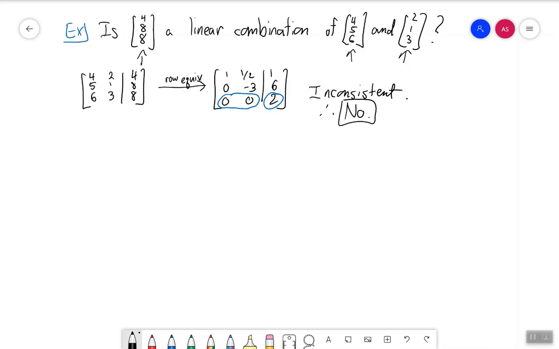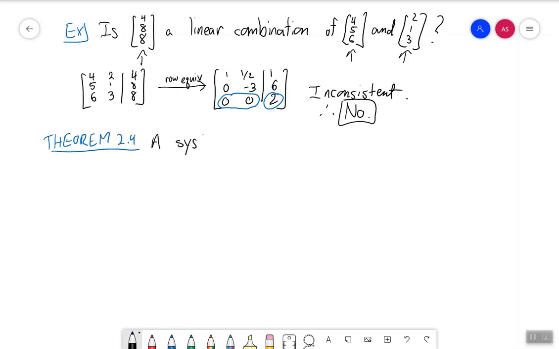In the same way, the same idea generalizes to a way to show that any vector is or is not a linear combination of any set of vectors. And that is our next theorem. This time I'm going to actually write it out because I didn't remember to put it into the computer beforehand. This is Theorem 2.4.